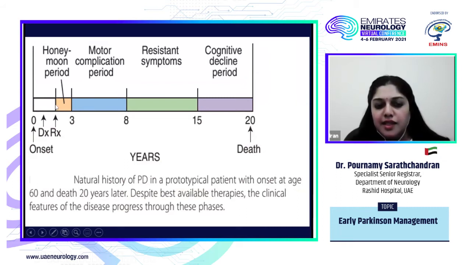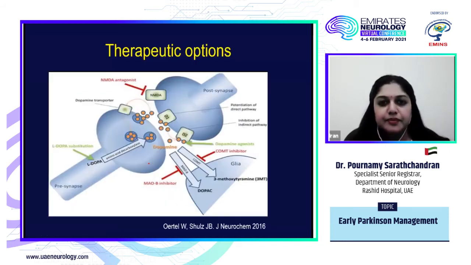And in the early stages, if at all they require some symptomatic medications, they have excellent response to these dopaminergic medications, in the sense that after taking the medications, they are as good as normal. No fluctuations, no wearing off, no dyskinesias ever. But this honeymoon period and this early stage will not last for more than 3 to 5 years. And after that, some amount of motor complications will ensue, and that's the rule.